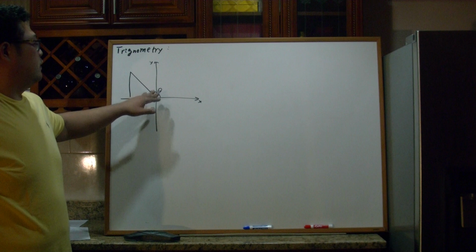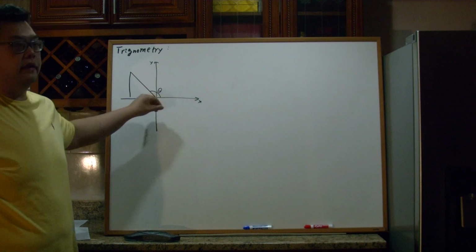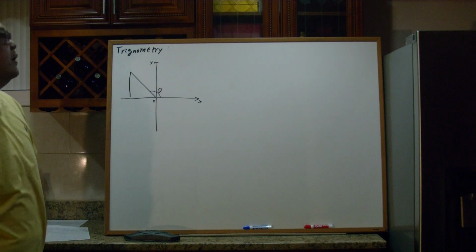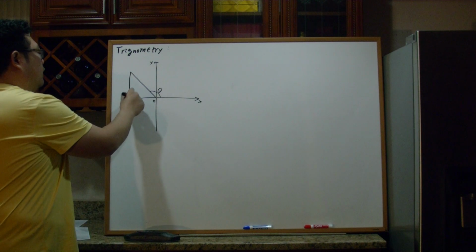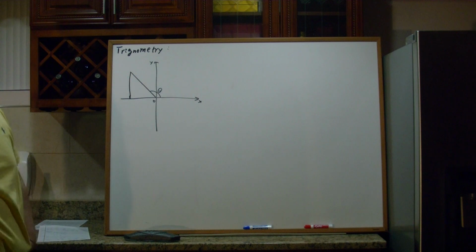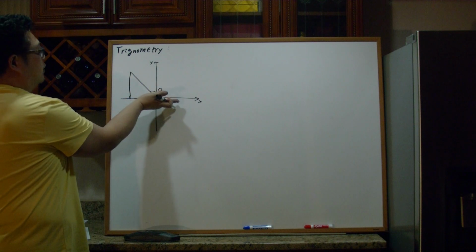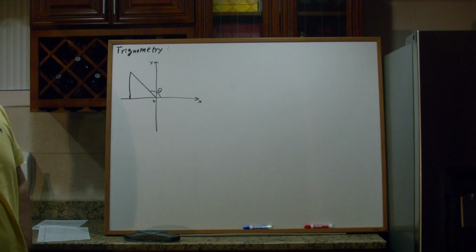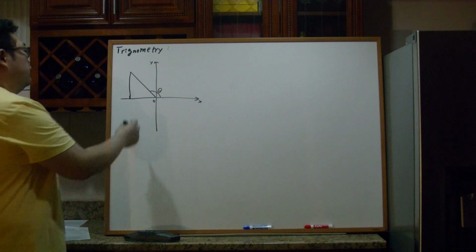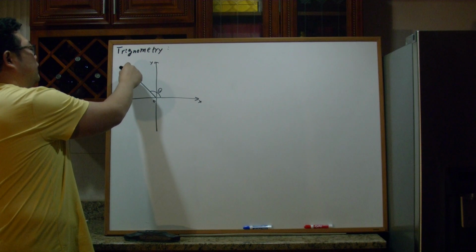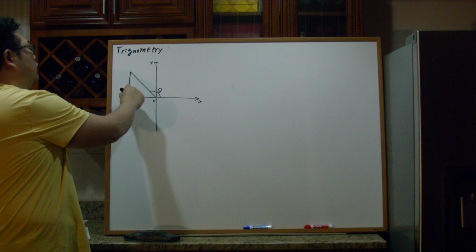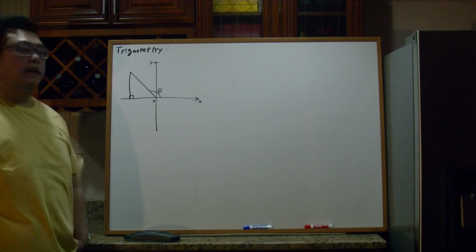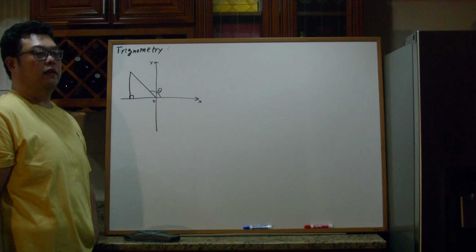The initial side is always the positive x-axis. The terminal side of the angle identifies the angle, and from the positive x-axis to the terminal side is the measure of the angle. What we do is get a point on the terminal side and draw a vertical line down to the x-axis to form a right triangle.